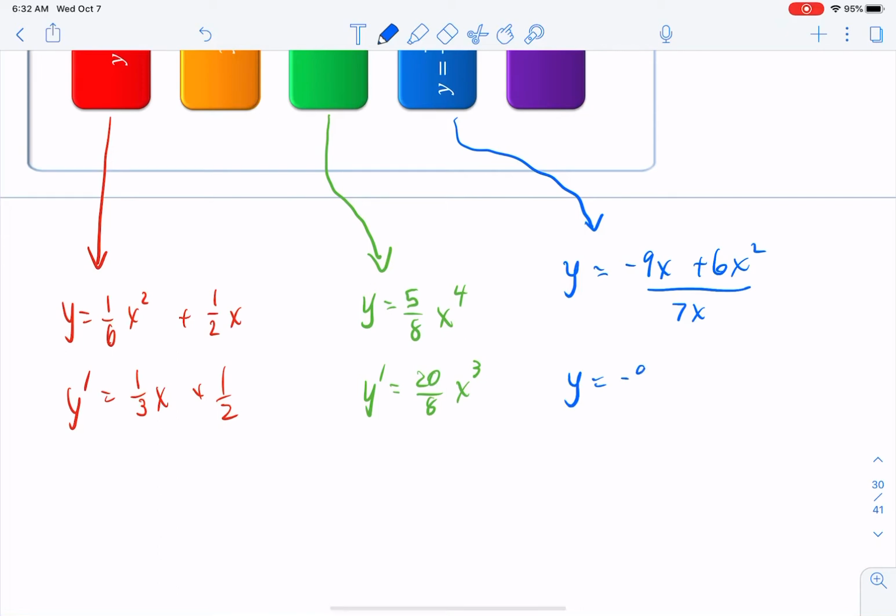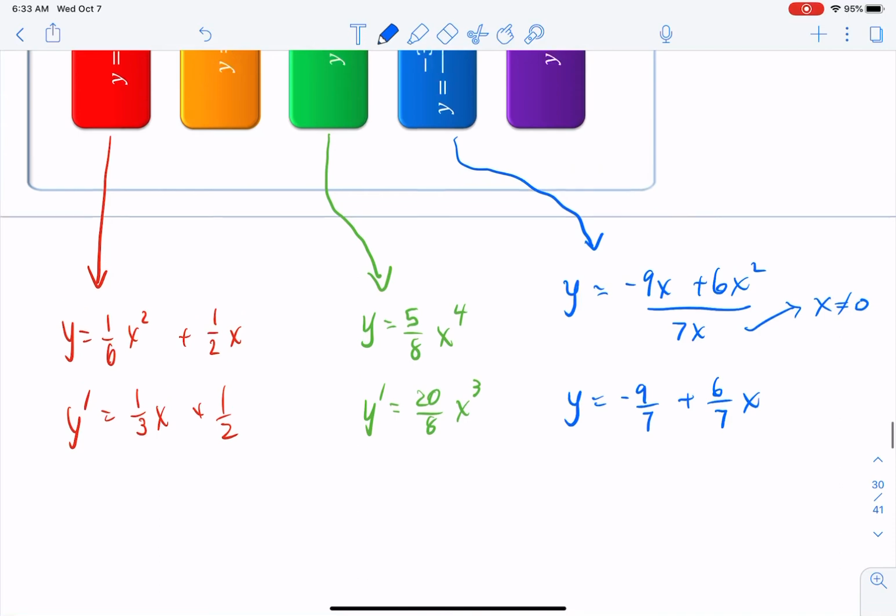For example, -9/7, and then the x's cancel. And then plus 6/7, and then just x. And I would have to make a note, of course, that x cannot be equal to 0. Because we have ourselves a line everywhere except at 0, where you'll have a point of discontinuity.